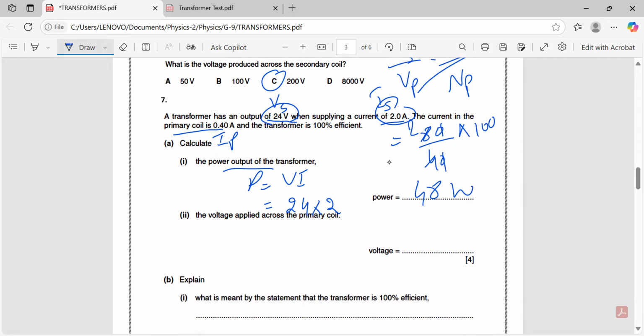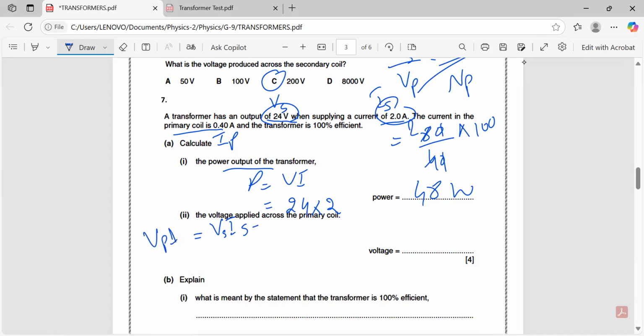Here you will use the data, and you can see that all the data is provided in the question, so you are going to solve it using that data. You are going to use the equation VSIS is equal to VPIP.